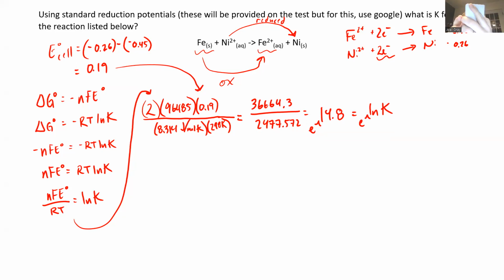So I hit that, and I get that number right there, and that is my K value, which is K equals 2676445.055. This is an equilibrium constant that totally favors my products, but that's my K value.